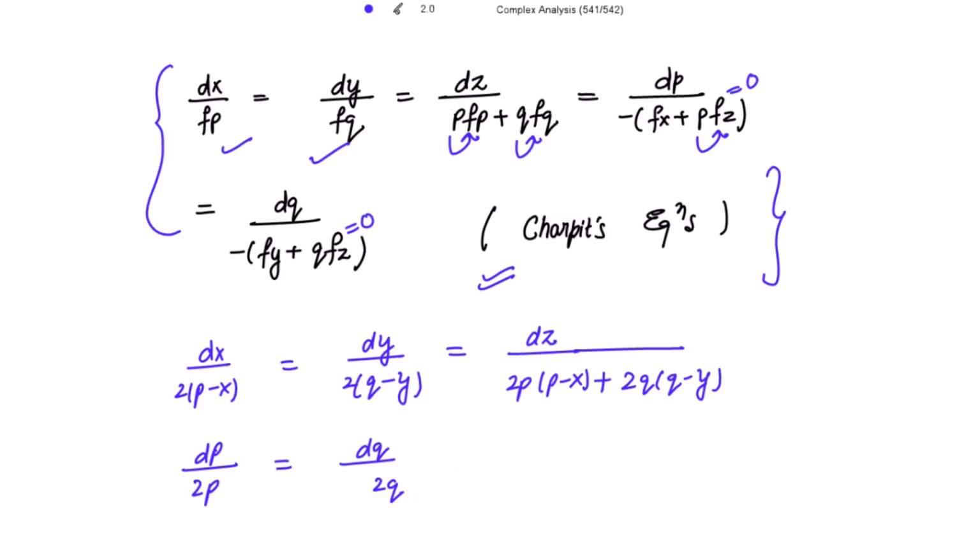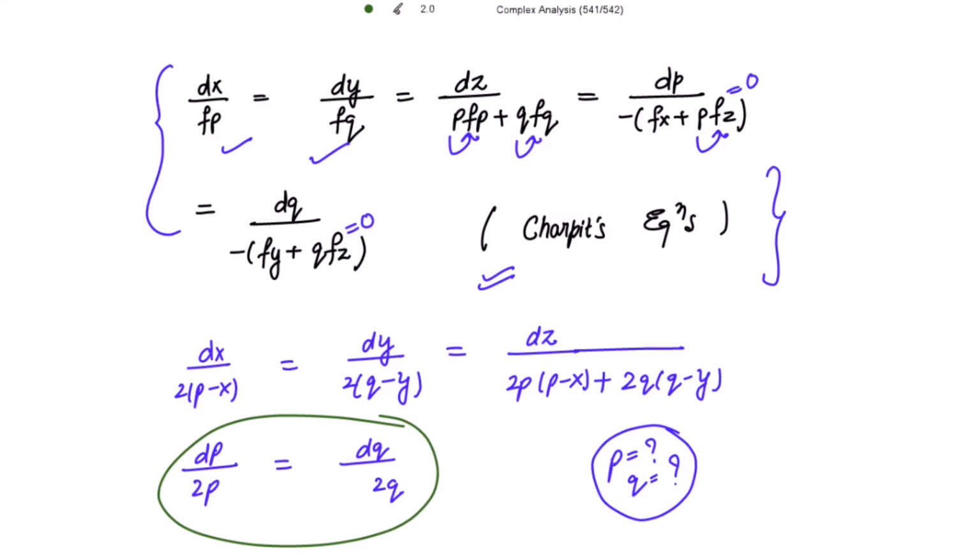Now we need to choose those ratios from which we can get the value of p or q or the relation between these two, right? Let me choose the last two ratios. It is easier. 2 and 2 cancel from this. We have dp divided by p equal to dq divided by q. Very easy.